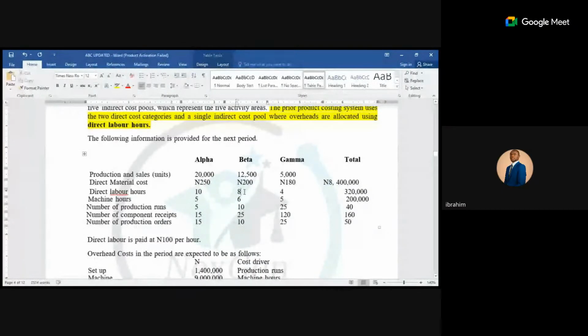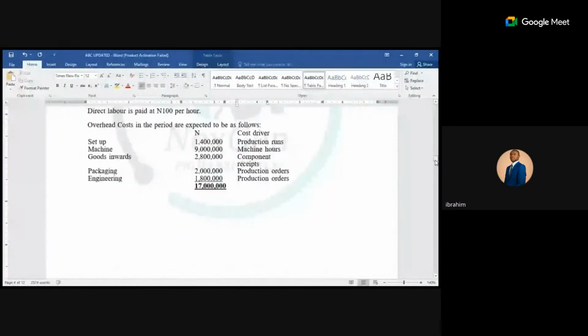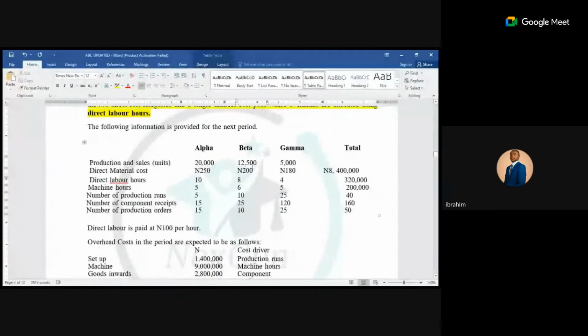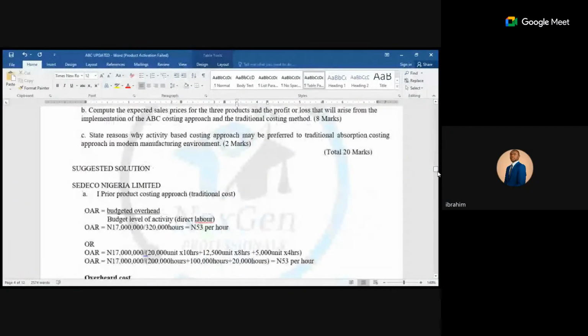We need to get the hours so that we can multiply the cost by the hours. Class, am I communicating, please? So that is how we will do it.